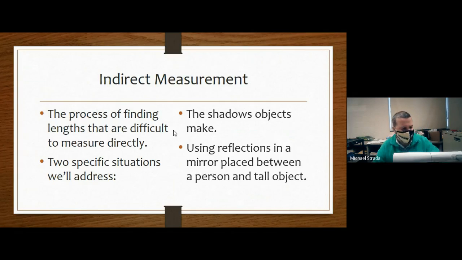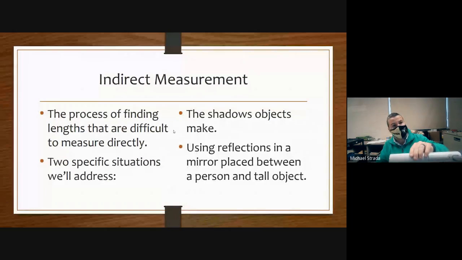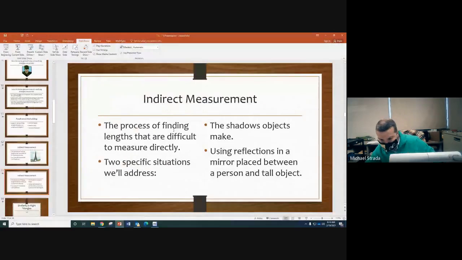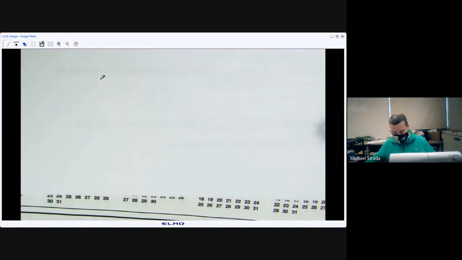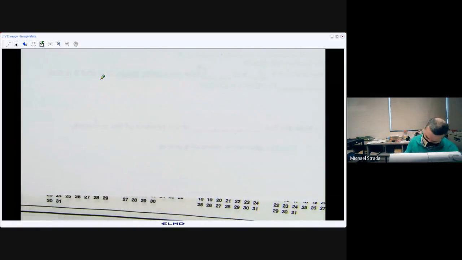Now, since we don't have our books, let me show you what that looks like. You can put this down on the bottom of that page. There should be room down there. So what that looks like is this.